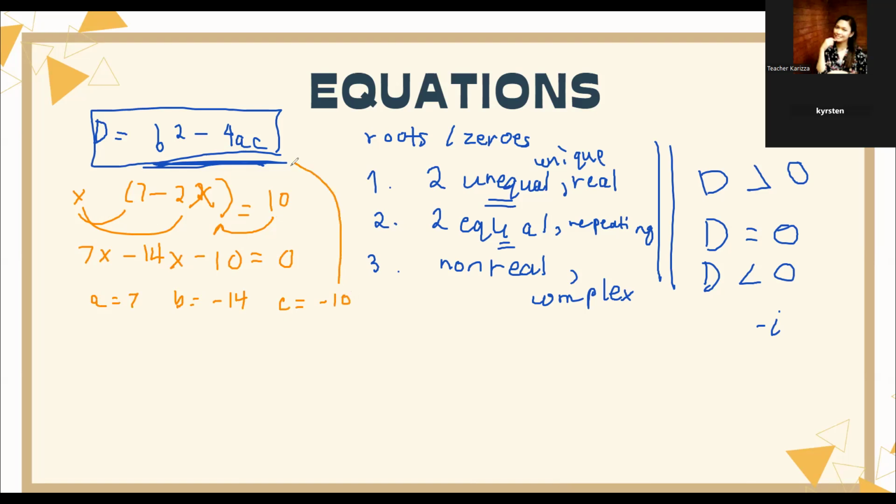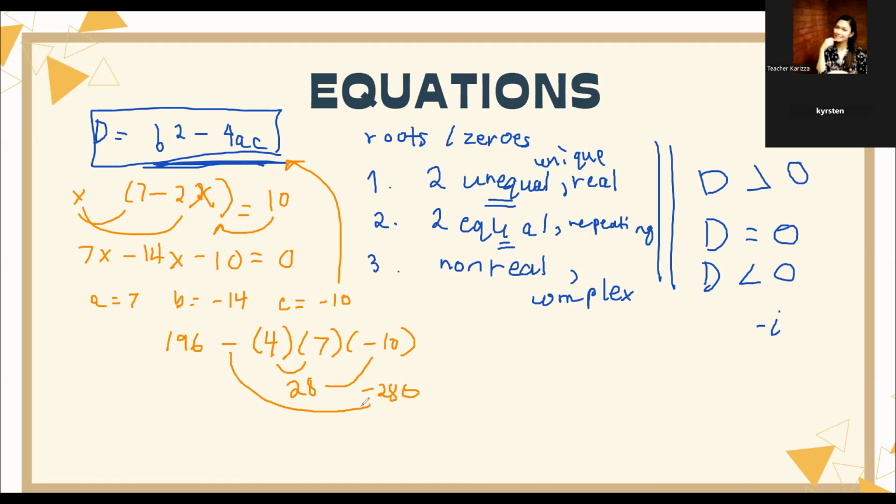So again, we just apply B squared minus 4AC. B squared is negative 14 squared. 14 squared is 196 minus 4 times A times C. Right? 4 times 7 is 28. 28 times negative 10 is negative 280.